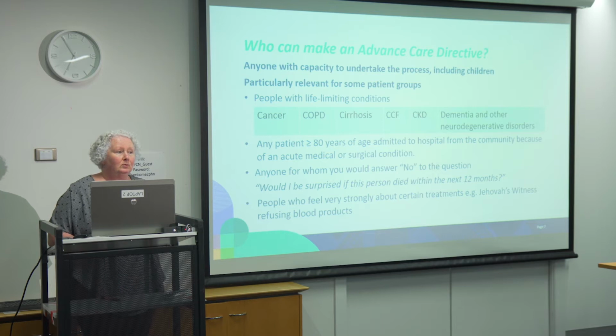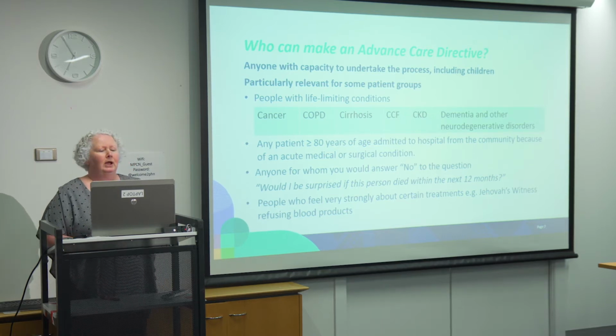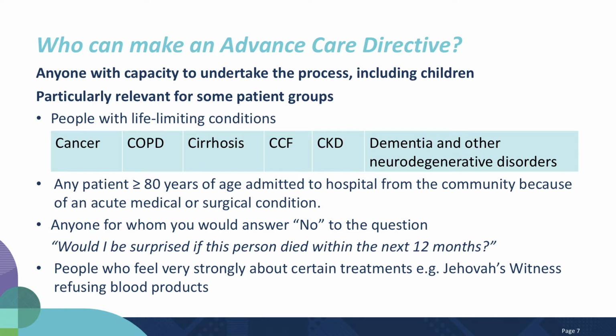Anyone with capacity to undertake the process, including children, can make an advanced care directive. That's a recent change. It used to be only anyone over the age of 18, but the tests for capacity in children are higher and have to be done by someone with expertise in child psychology, or a medical practitioner with expertise in child development.